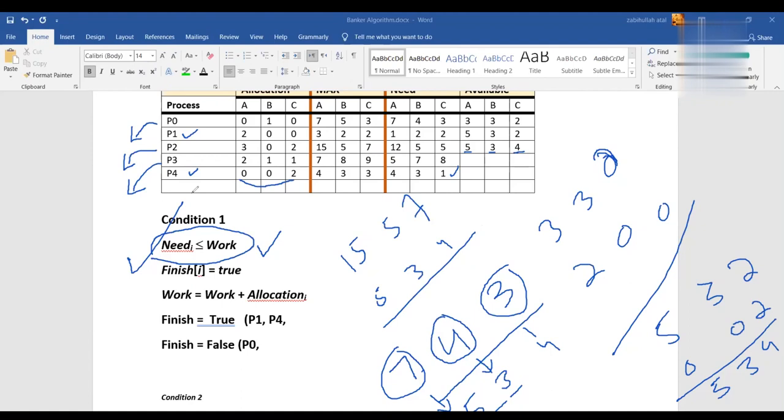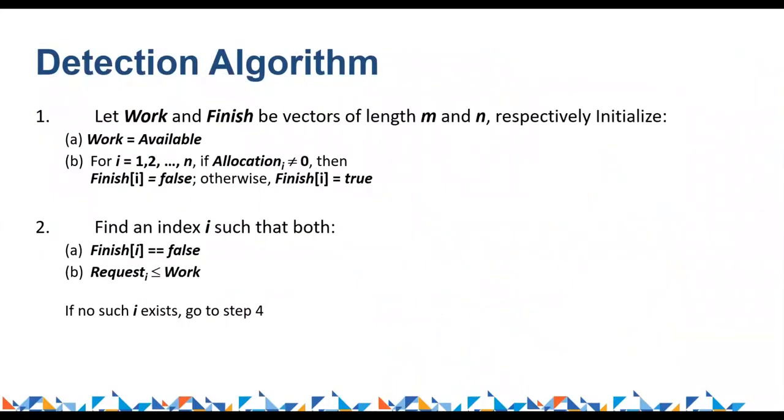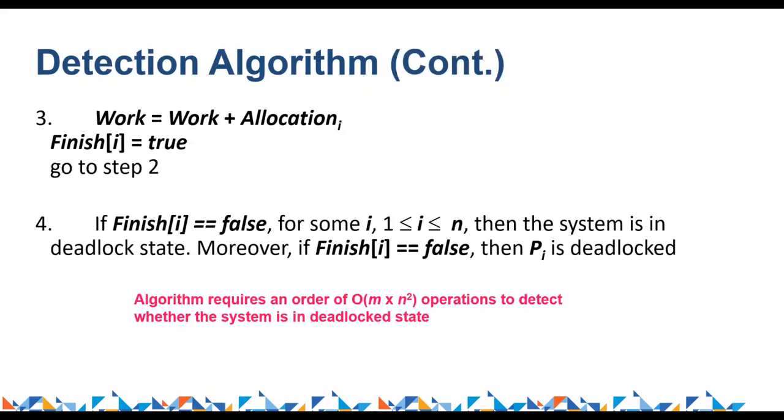Okay, let me come back to the slides. So now these conditions are qualifying, because the condition is that resources are not sufficient. Why? Because of this.